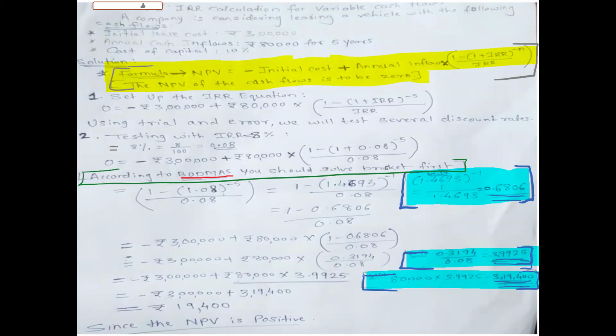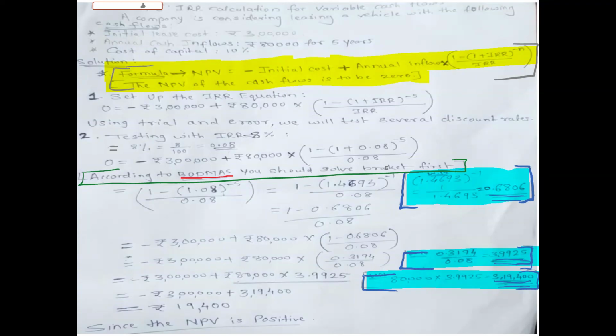So we have to first do 1 minus 0.6806. The answer will be 0.3194. Now we take minus 3 lakh as it is plus 80,000 as it is, multiply.